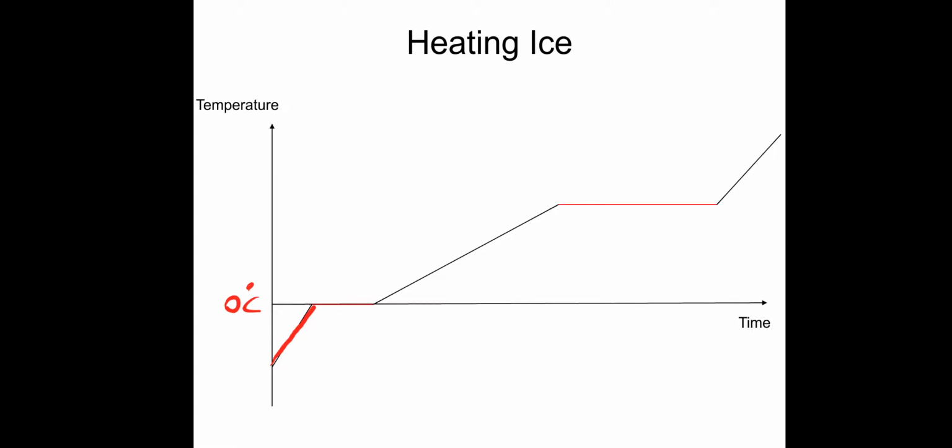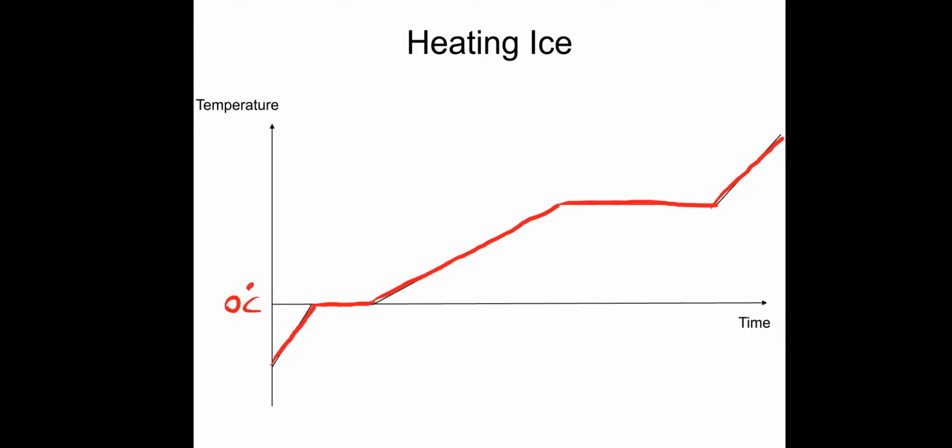Then this one is a phase change from ice to liquid. And this is a liquid increasing in temperature to its boiling point. This region of the graph is liquid into a gas, so a phase change. And then this final bit is warming of the gas.